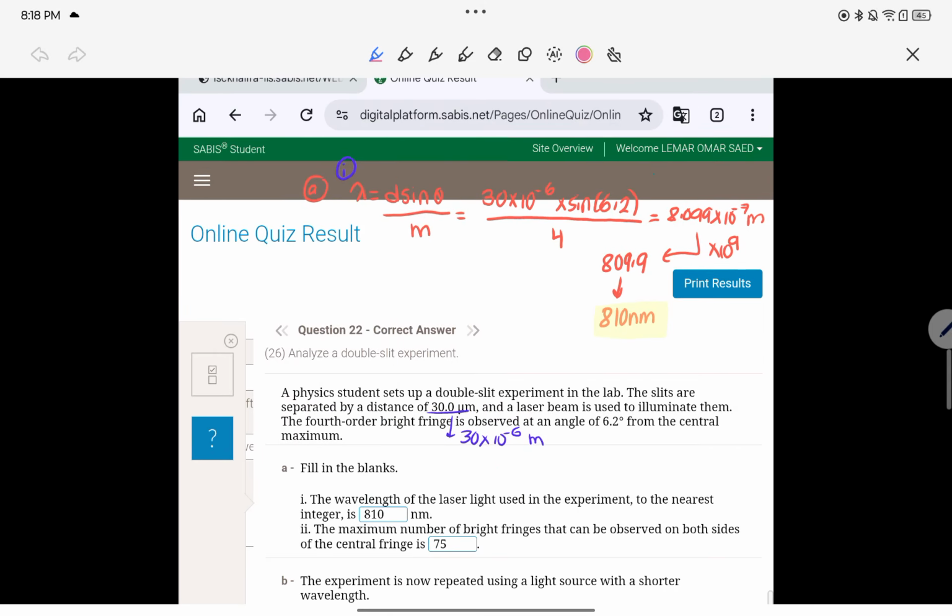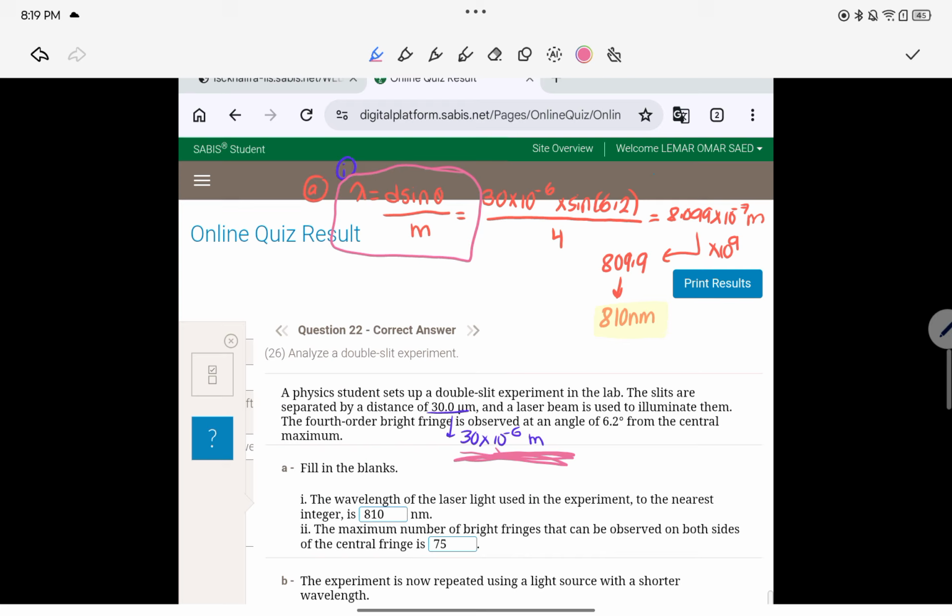The wavelength of the laser light used in the experiment, to the nearest integer, is how much? So like I said, this formula. Just make sure everything is in meters. Here I converted it from micrometers, I think, to meters by multiplying by 10 to the power of negative 6.